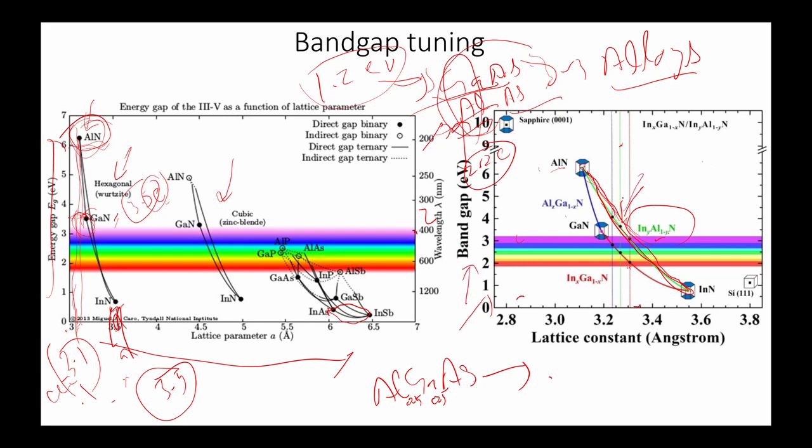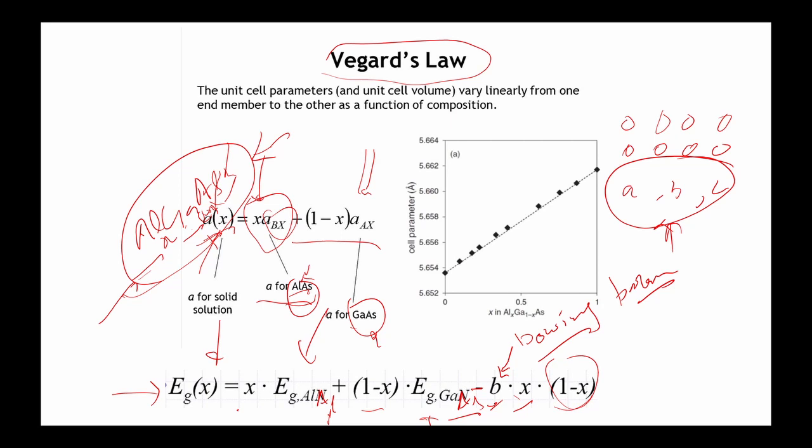That b is the bowing parameter. The cell parameter a behaves linearly with the composition x, but the band gap doesn't follow a straight line with the composition.